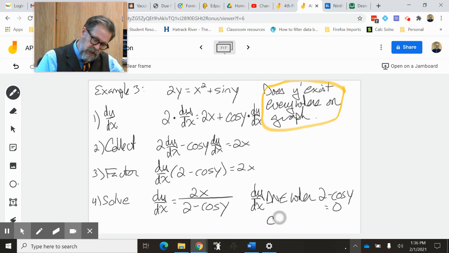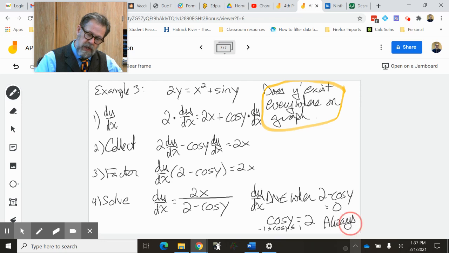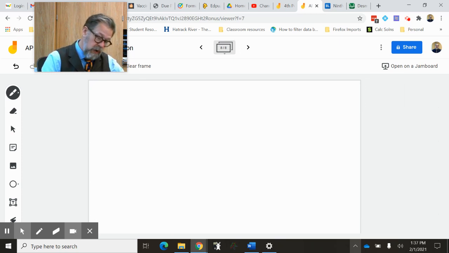But that means it does not exist when cosine y is equal to 2. But cosine y cycles between negative 1 and positive 1, which means that it always exists, because there is no place where cosine y will be equal to 2.